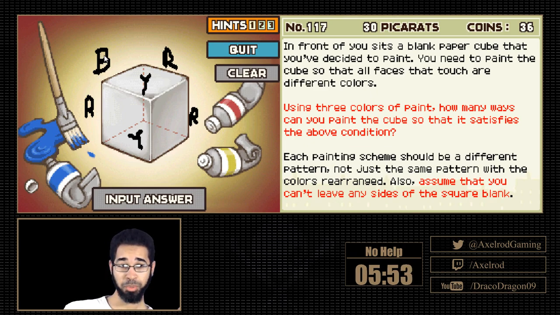Then I can swap blue for yellow. That's 2 scenarios. Then I can swap yellow for red. That is 3 scenarios.